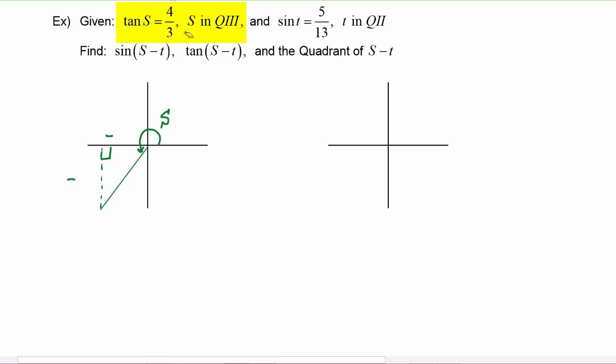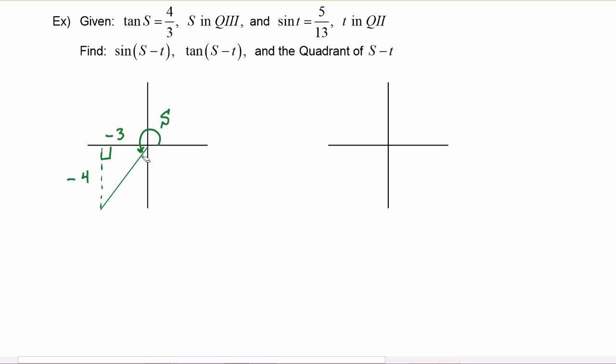The tangent is 4/3, which is y over x. We know the y value can't be 4. The y value has to be negative 4. The x value can't be 3. It has to be negative 3. But we know that a negative 4 over a negative 3 would give us that positive 4/3.